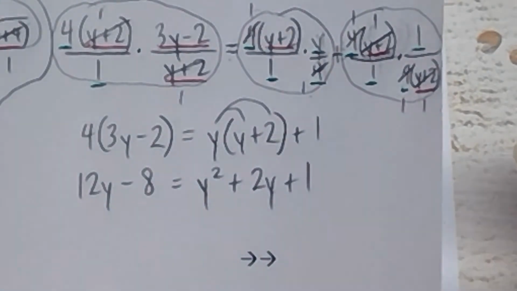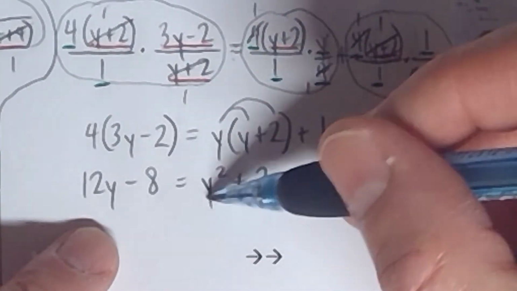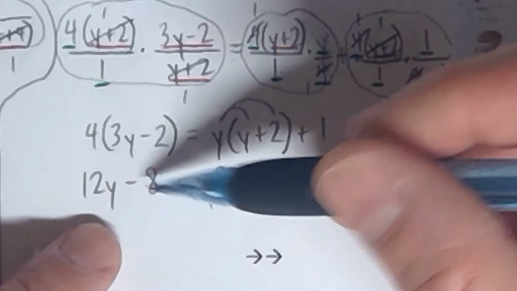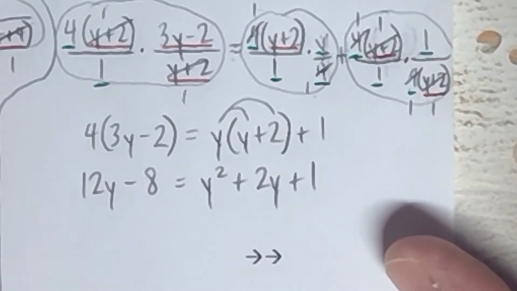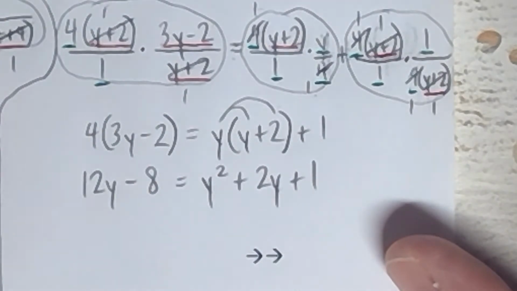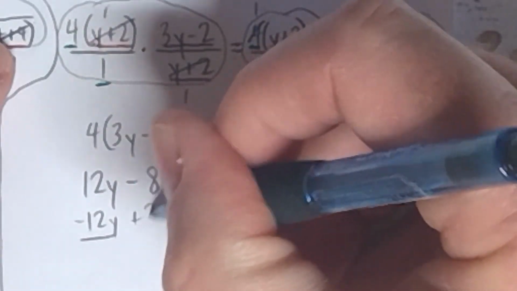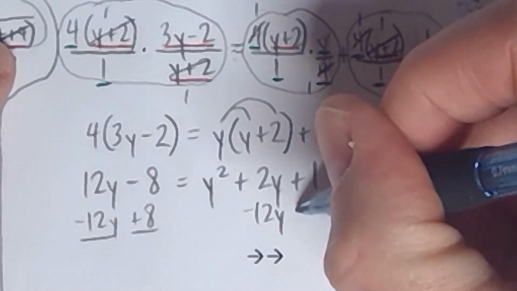Okay, so if we do that, I think it's pretty clear here that you don't want to do the square root property because if I try to get y squared by itself, you're going to have a variable on the other side, and we can't do the square root property on that like we talked about. So again, this is just my opinion based on what I shared with you last time, but if you're not going to do the square root property, assuming you've cleared out your parentheses already, move everything to one side.